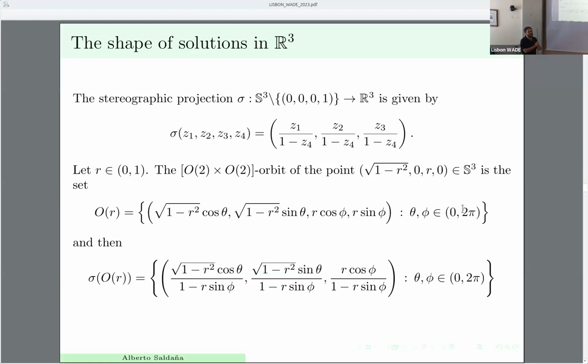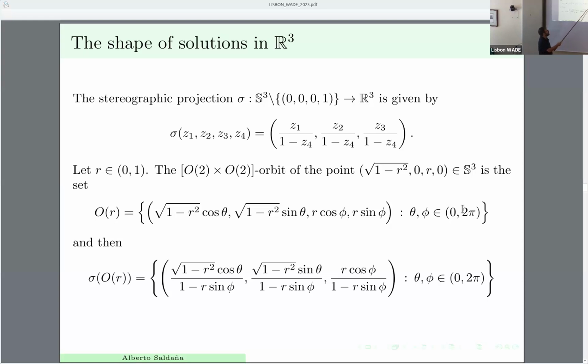So how do these solutions look? What if we try to imagine how this would look in R3, for example, if you take n equals 3. The stereographic projection in this case is exactly this one. And we have to look at the O2 times O2 orbit of a point in the sphere, for example, this one.